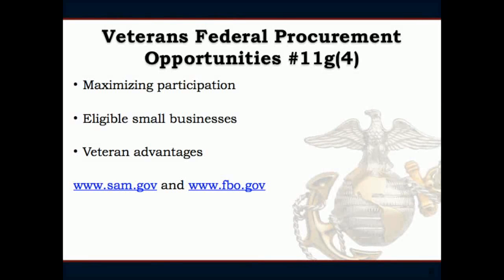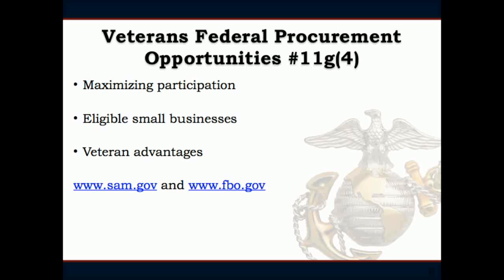In 1999, the Small Business Development Act set an annual government-wide goal that for each fiscal year, 3% of all prime contract or subcontract awards should be given to small businesses owned and controlled by service-disabled veterans. This automatically gives you an advantage over other small businesses when competing for government contracts.